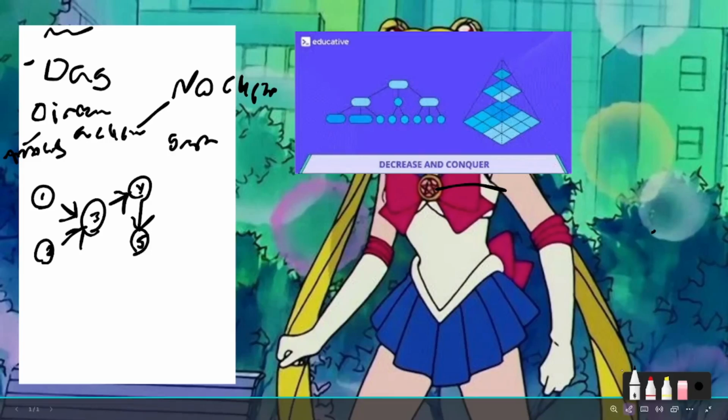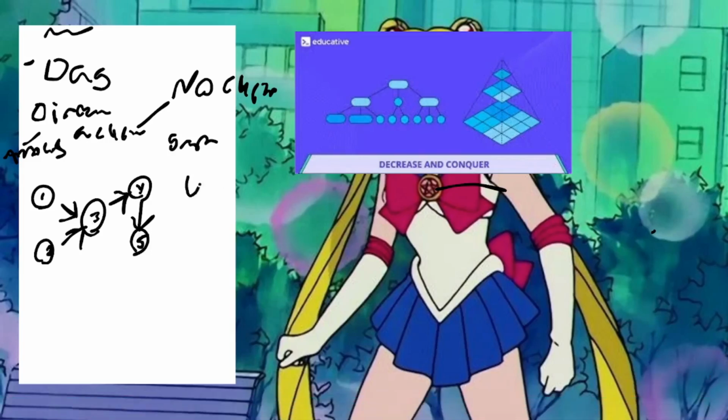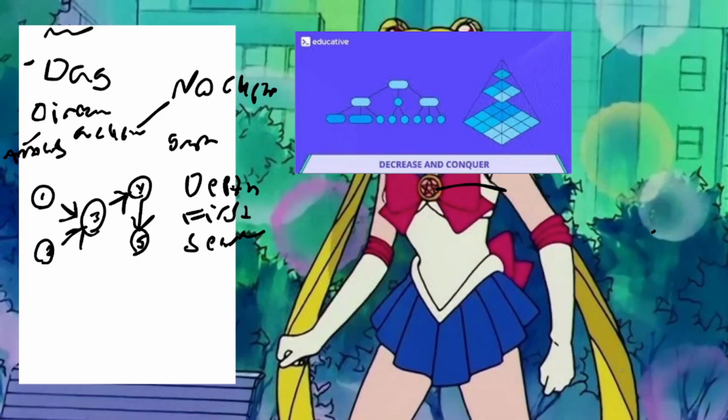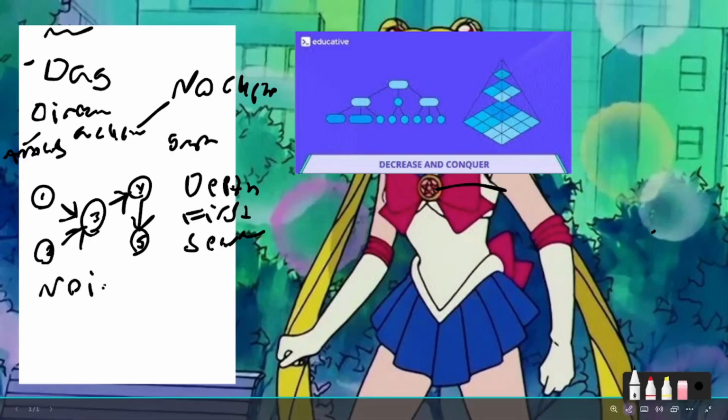Alright, so our algorithm will be, I think it's depth first search approach, which basically means if there is, what was it? I think it was no incoming, no outgoing. No incoming, I was right. No incoming edge.